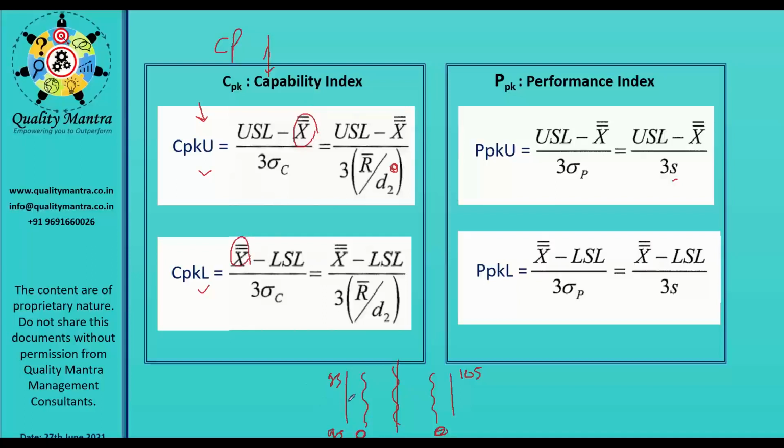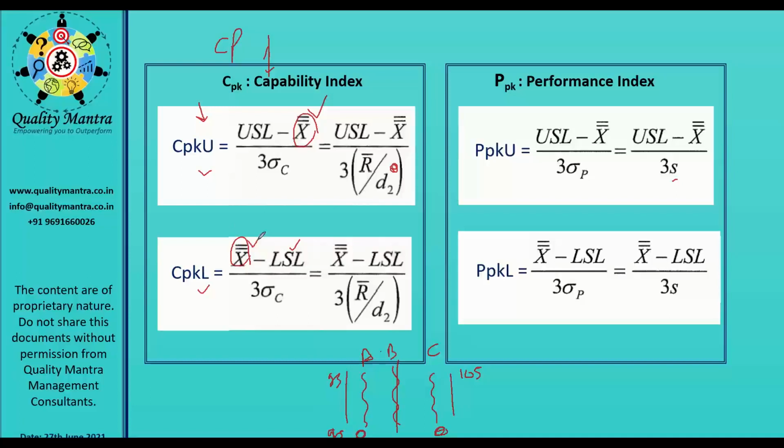LSL and USL is common for all the three processes, whether it is process A, process B, or process C. LSL and USL is constant. This is same. Only changing is this one, X double bar, or you can say X bar also. And one more difference is there between that formula and this formula.